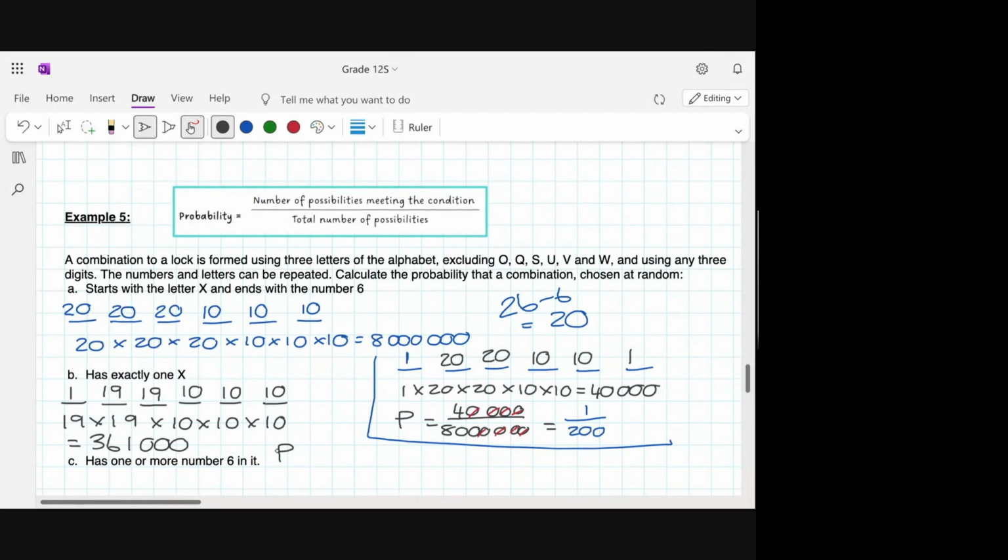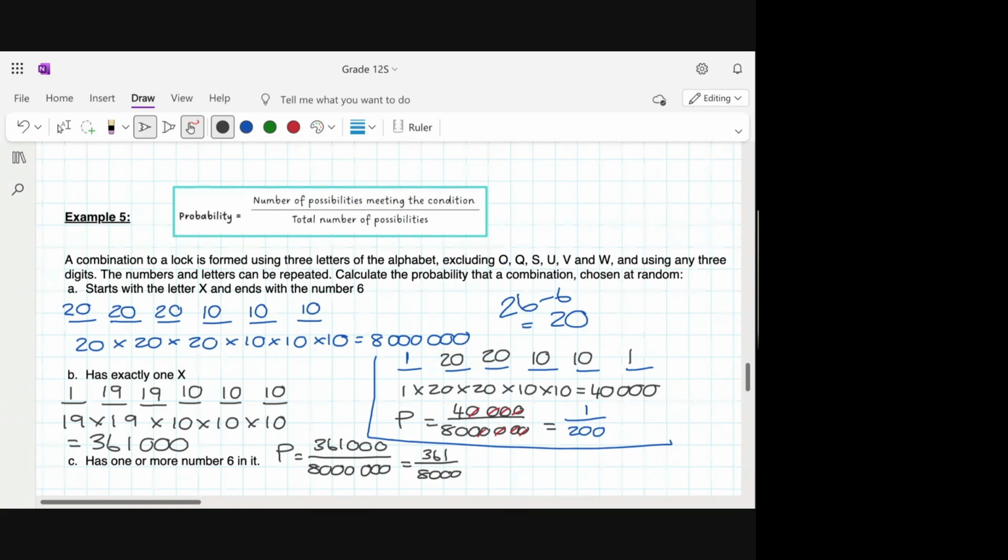And so my probability is going to be 361,000 over 8 million. If I simplify that, what does it give me? Do I get 361 over 8,000? Happy? Cool.